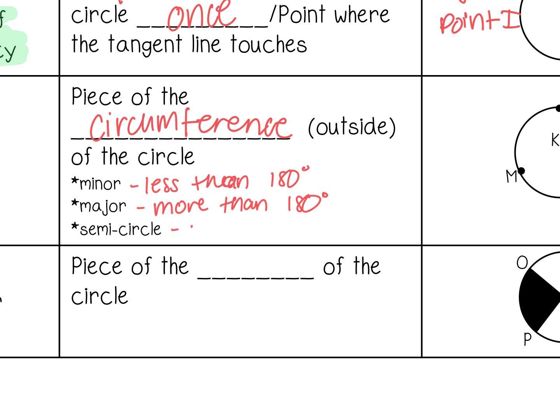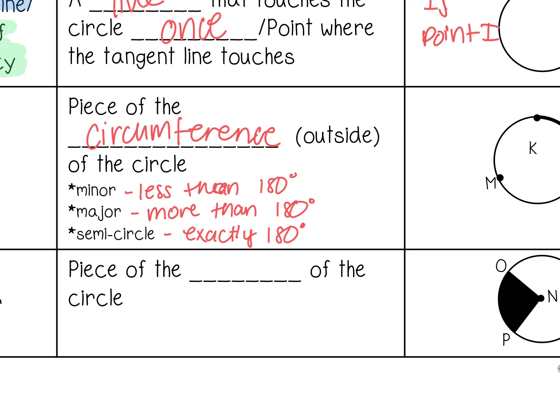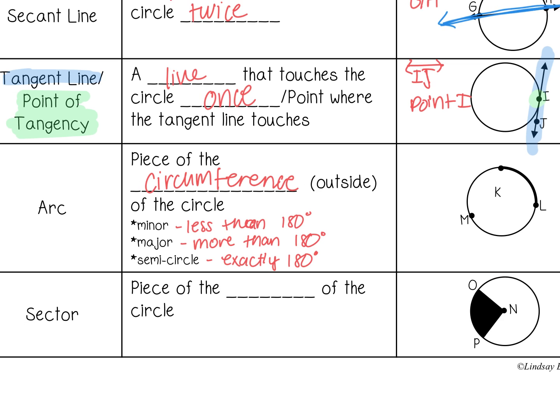And then a semicircle is exactly 180. So looking at this, if I wanted to label what arc is in bold, that is my minor arc. And when you're writing arcs, it has to have an arc on the top. So for those of you who are used to writing line KL, this is incorrect for your arc. It has to have an arc on the top.